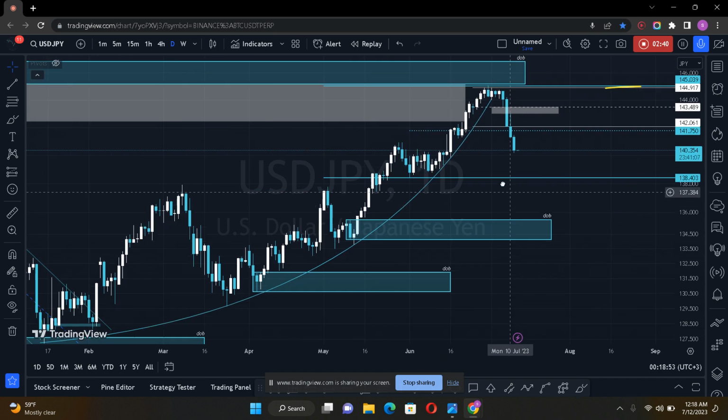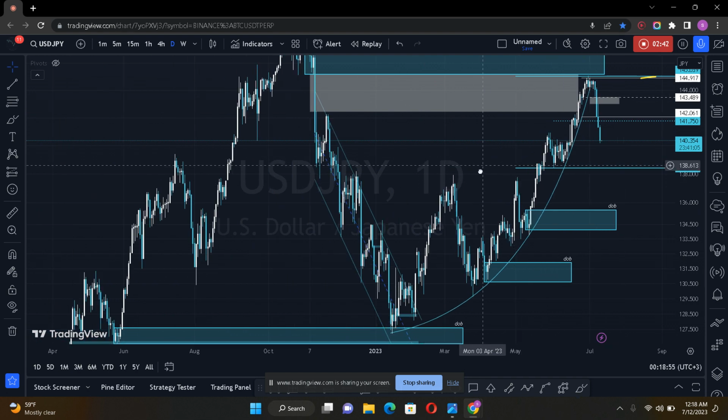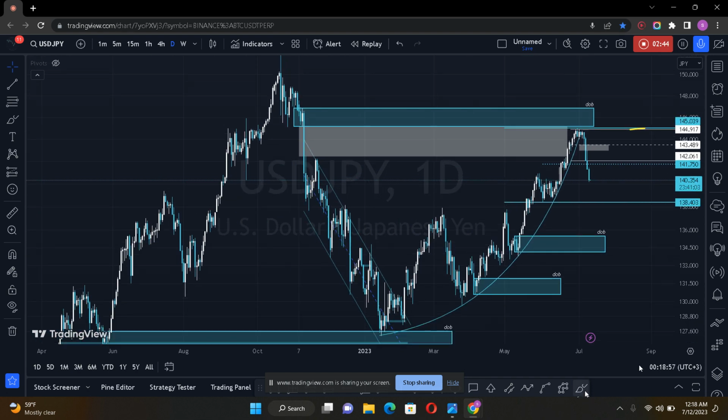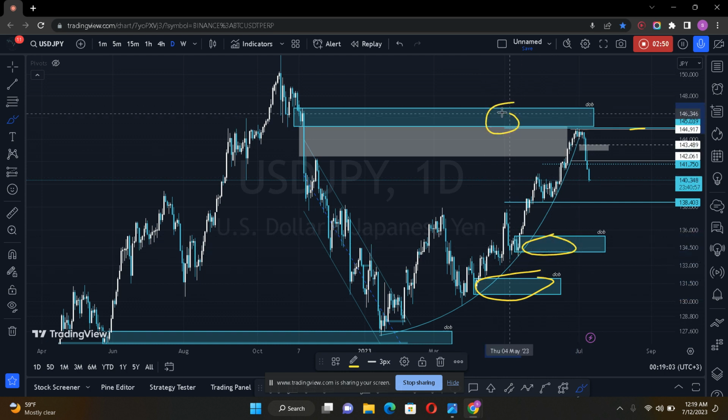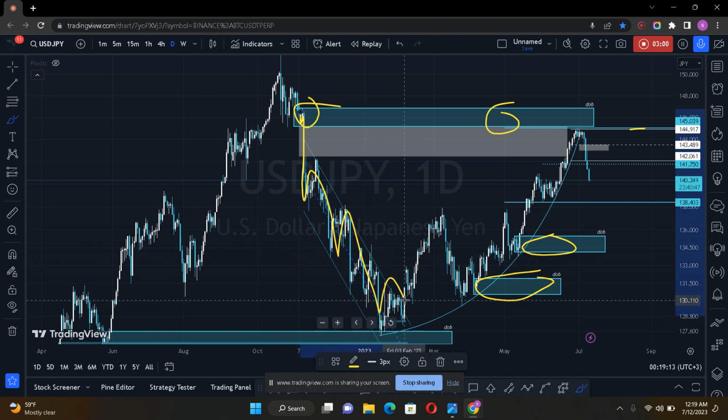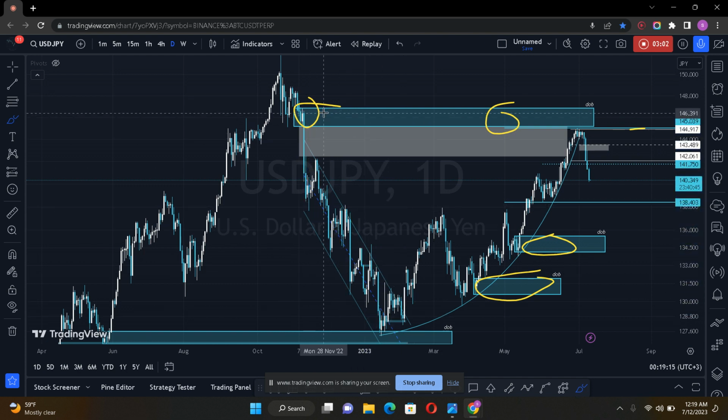So, for instance, on this daily time frame, you can see there is this blue zone, this other blue zone, this other blue zone. So this particular blue zone is as a result of this last buy candle before this sustained trend to the downside. So this is an origin zone.